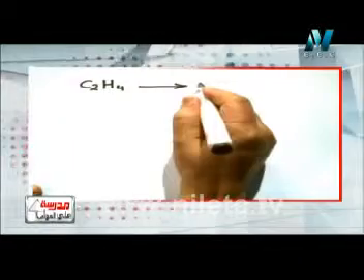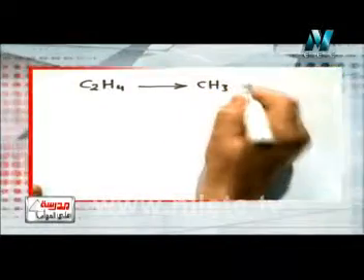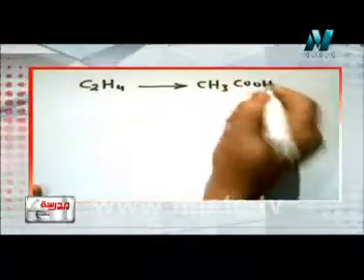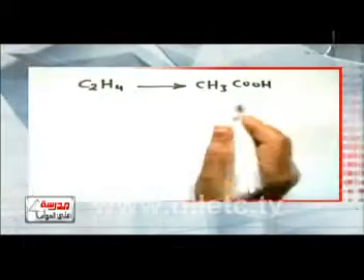It's confusing for the students, and we need to teach them how to pass this kind of question. Convert ethene to acetic acid. We can get acetic acid by many methods. It may be by oxidation of aldehyde or oxidation of alcohol.